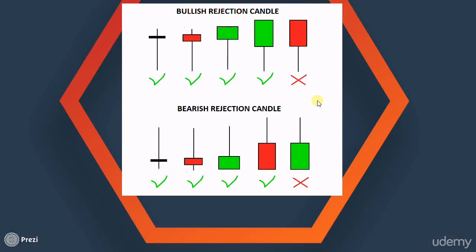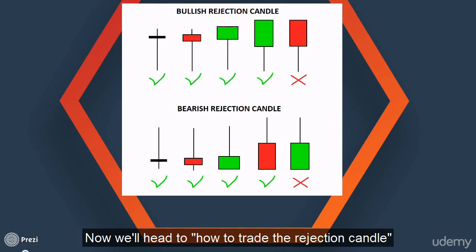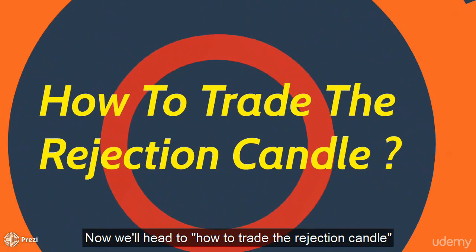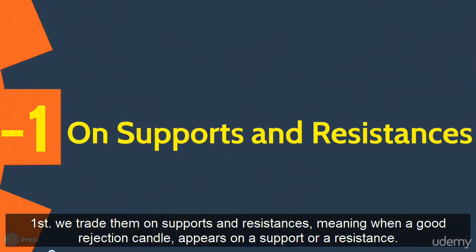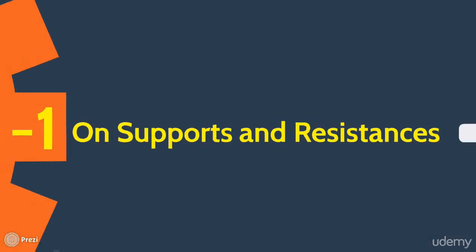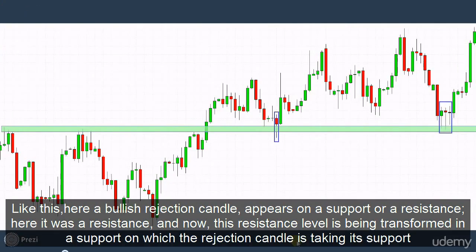Okay? So now we will head to how to trade the rejection candle. How do we trade them? We trade them first on supports and resistances. Meaning when a good rejection candle appears on a support or a resistance like this, here it's a bullish rejection candle.